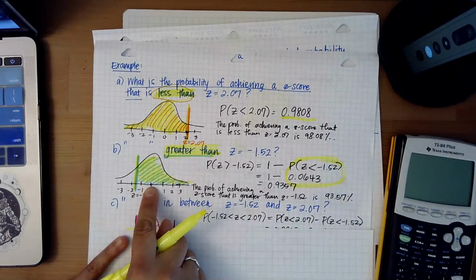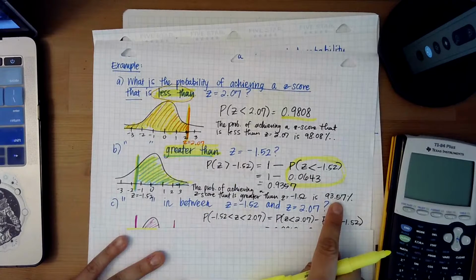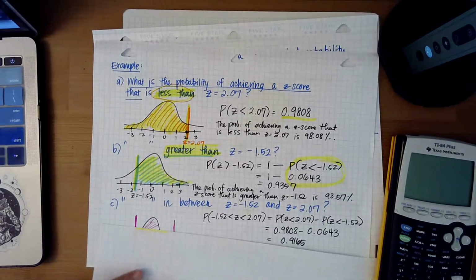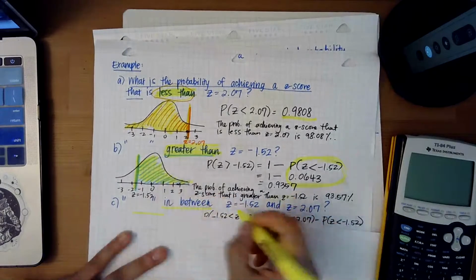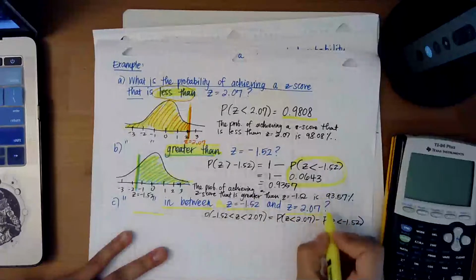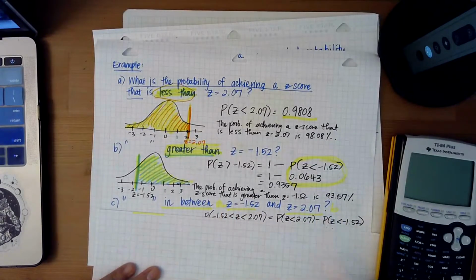Again, check with your drawing. Am I shading a majority of my curve, since 93.57% is a majority? Now, what happens if I want to do an in-between of these two z-scores? You recognize that this is A and this is B, since negative 1.52 is less than 2.07.